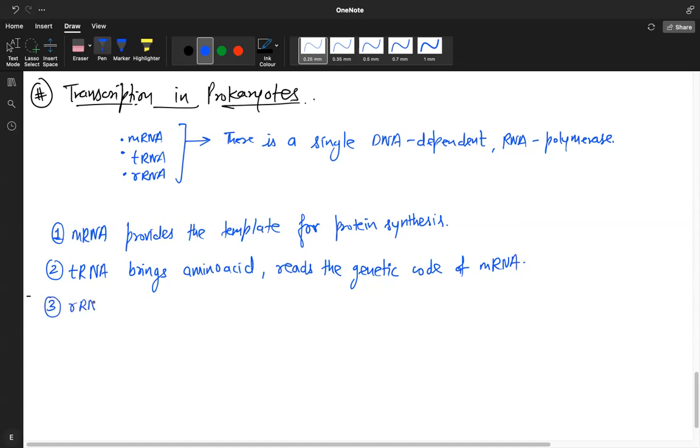And third is rRNA. Write down, it plays a structural and catalytic role.